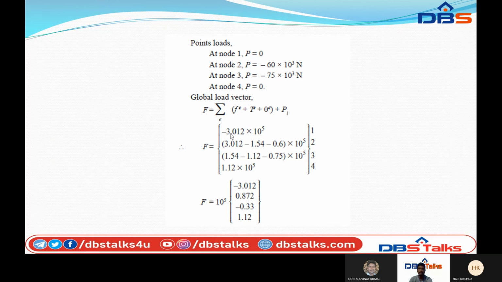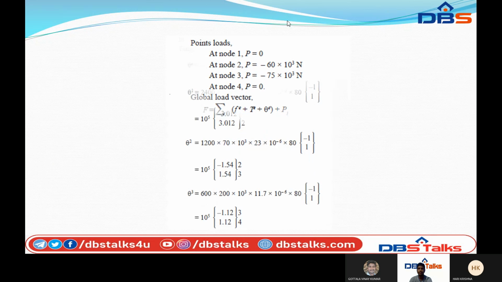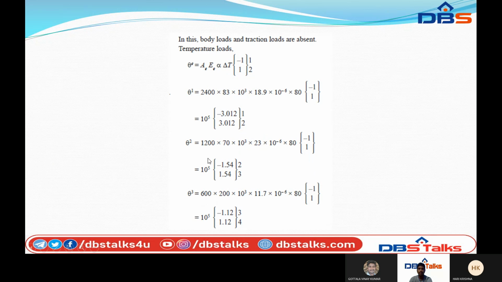Only for 1, minus 3.012 into 10 power 5. For the second, the global load vector will be the force vector. Temperature load vector for the second element is 3.012, minus 1.54.